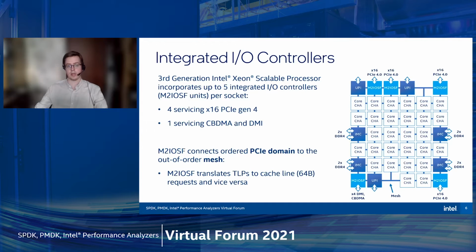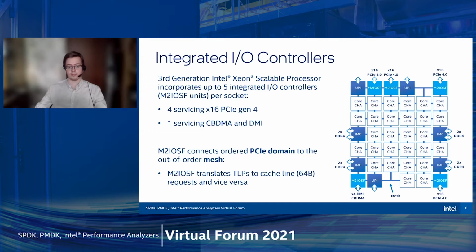And one manages the CBDMA accelerator, which is the integrated accelerator for offloading memcopy in simple terms, and the DMI interface that connects the processor to the platform controller hub. And the purpose of the integrated IO controller is to translate the languages between the PCIe domain and the mesh interconnect.